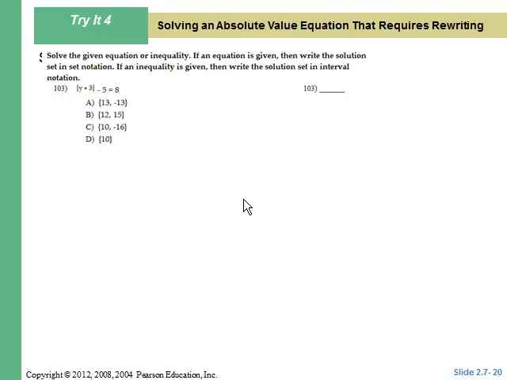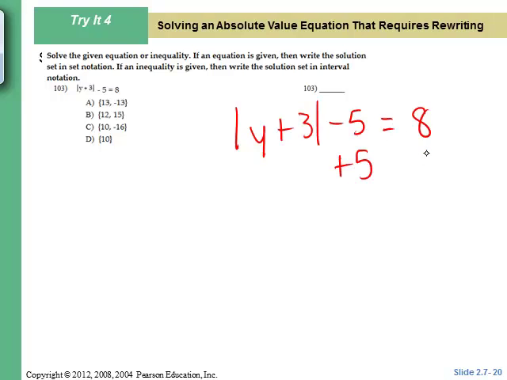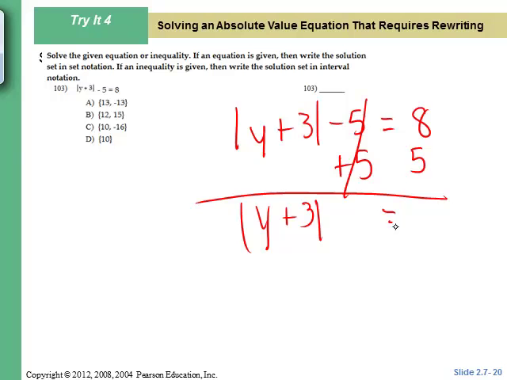All right, so here's an equation that involves rewriting. So we've got absolute value of y plus 3, minus 5 equals 8. The first thing we're going to do is get the absolute value all alone by adding 5 to each side. Absolute value of y plus 3 equals 13.